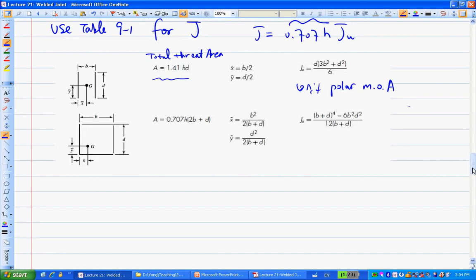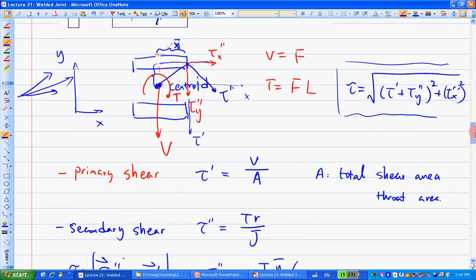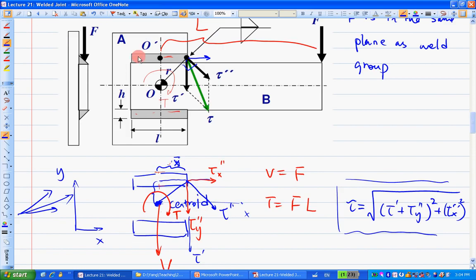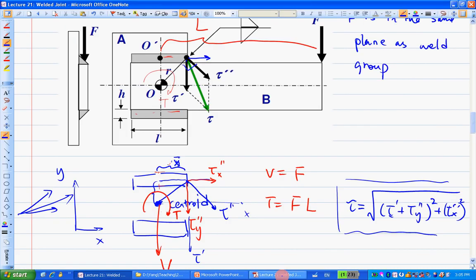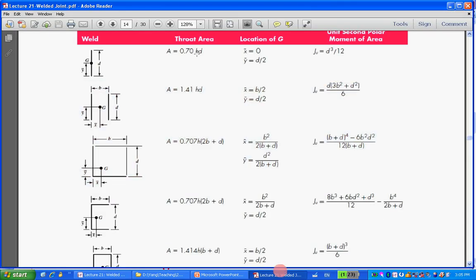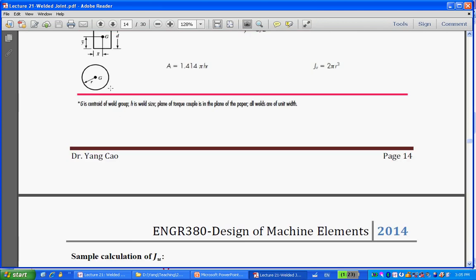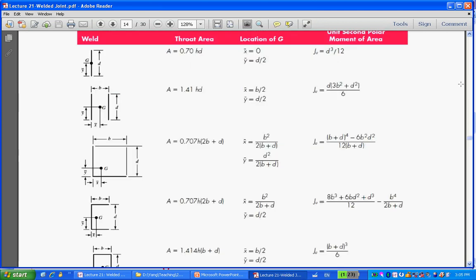Right, there's another question in here. So let's see if I have a weld like this, right? This is a 2 horizontal. But if you look at this table 9-1, and up going, and then there's one more basically circle, there is no 2 horizontal bar or that kind of weld.